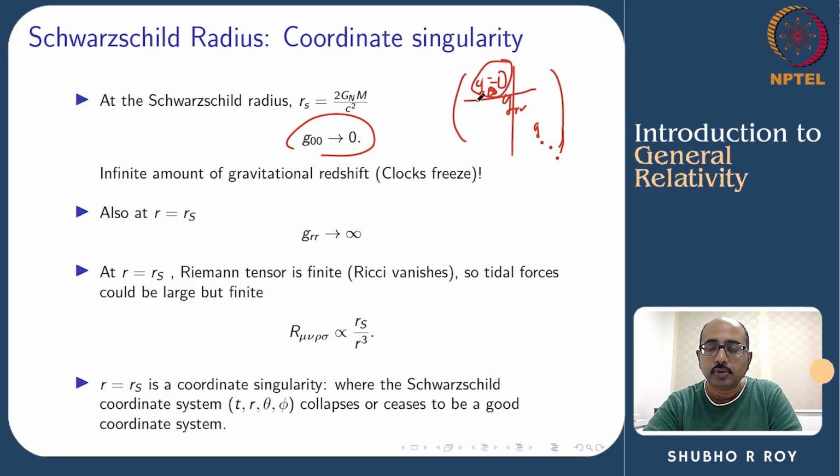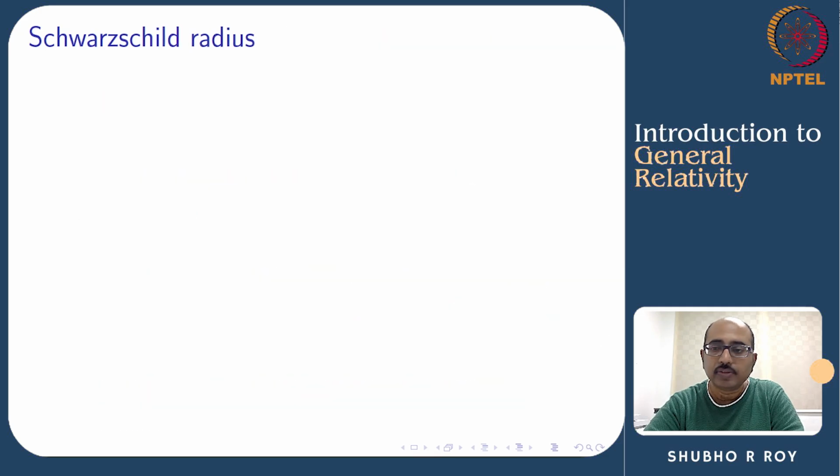Okay, so 0 eigenvalue is the same as degeneracy. So then we say, well, the metric cannot be degenerate, but it's the coordinate system which is at fault here. The coordinate system we cannot trust. Okay, t, r, theta, phi, we should not trust the Schwarzschild coordinate system for r less than or equal to rs. For r greater than rs, it's okay to look at, but the Schwarzschild coordinate system cannot be trusted as we go from rs onward. So it ceases to be a good coordinate system.